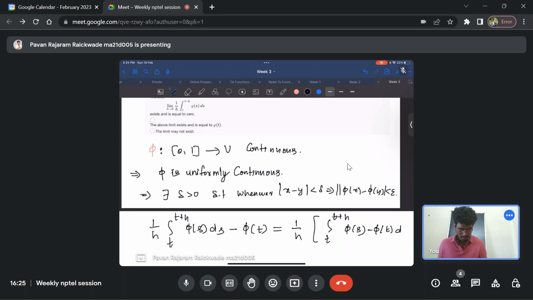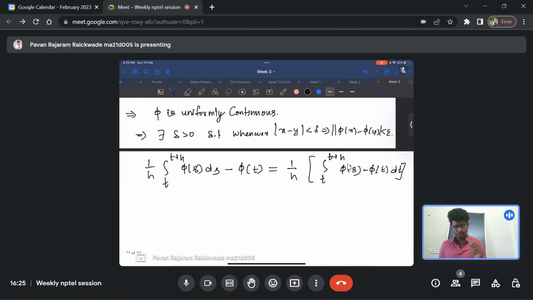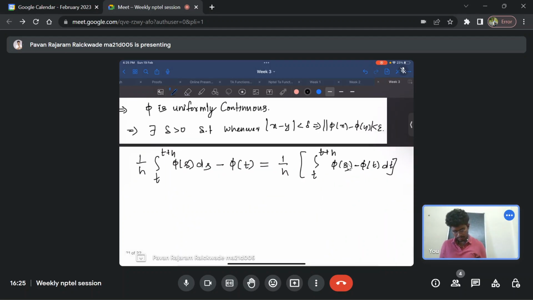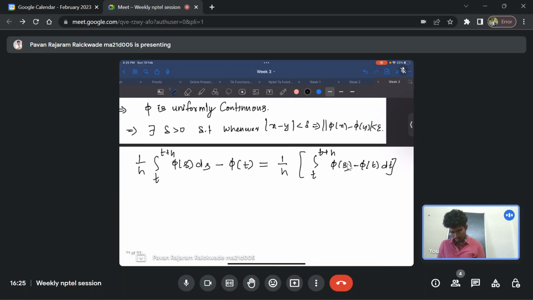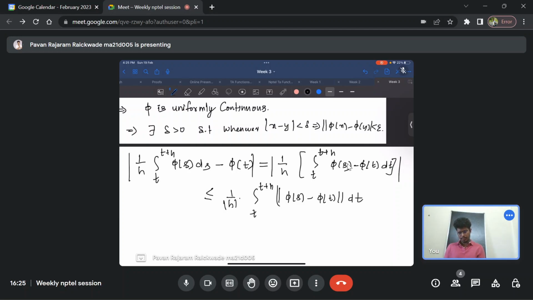Since phi of t is just a constant for the moment, I can take it inside, and h will be outside to cancel out the integral. If I now take the modulus, this will be less or equal to 1 by mod h times the integral from t to t plus h of the modulus of phi s minus phi t.